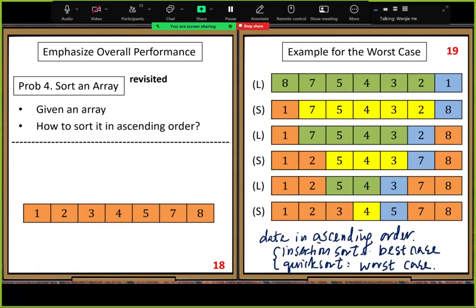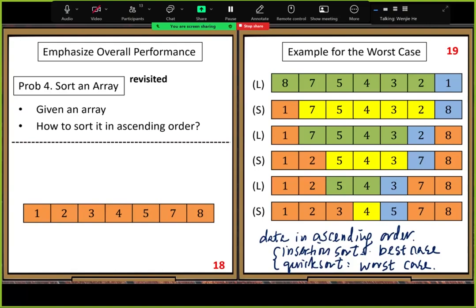Probably a false intuition. They may feel it should correspond to the best case. But actually, the result depends on your sort. For some sorts, for example insertion sort, it's the best case. But for other sorts, if you look at quicksort, it's the worst case.